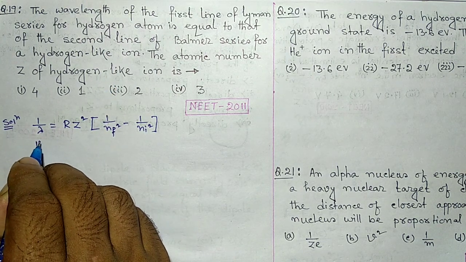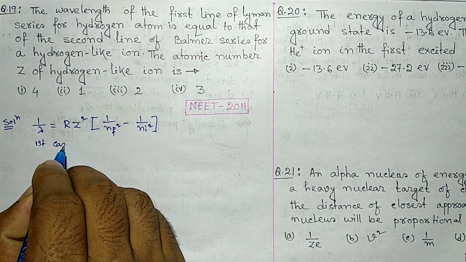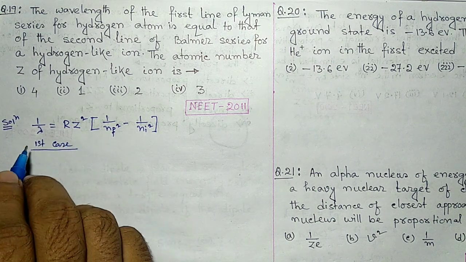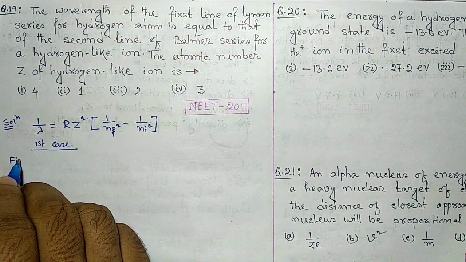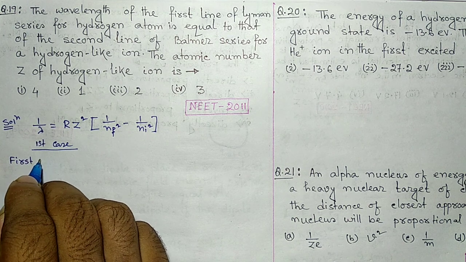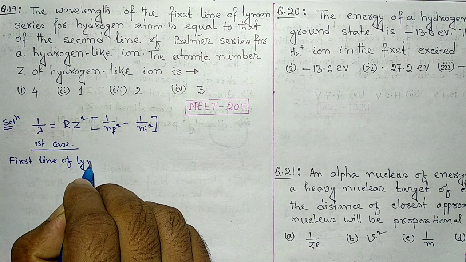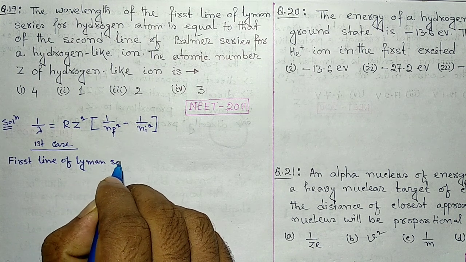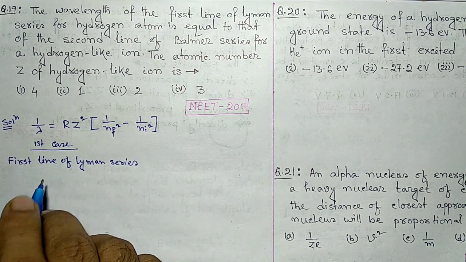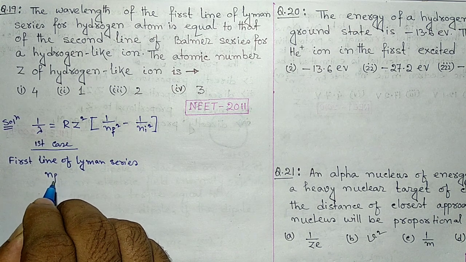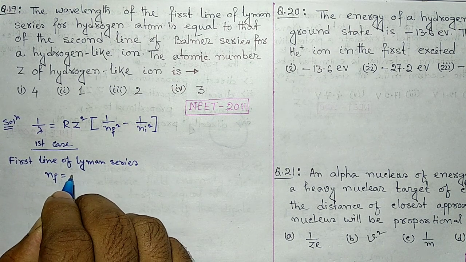So first case is for the first line of the Lyman series. That means NF is equals to 1.